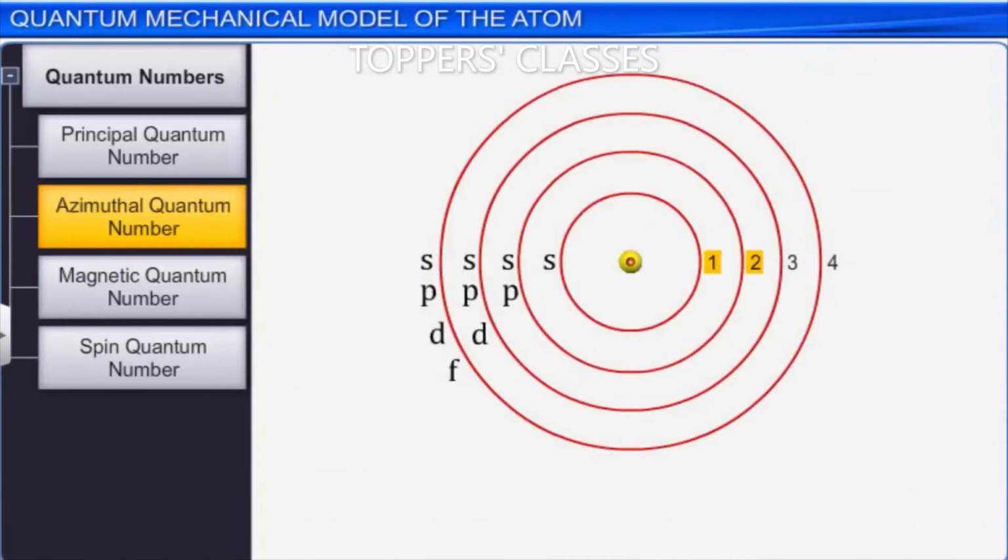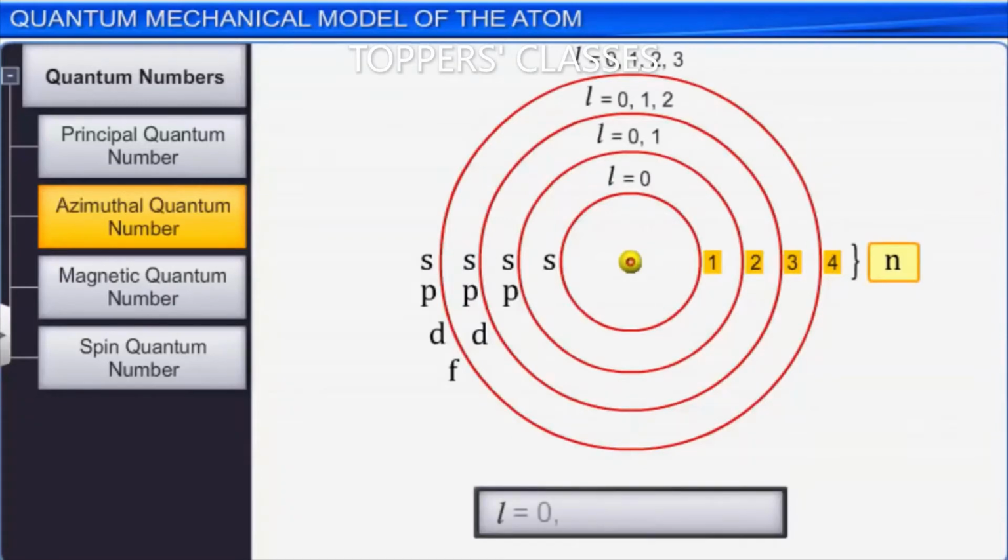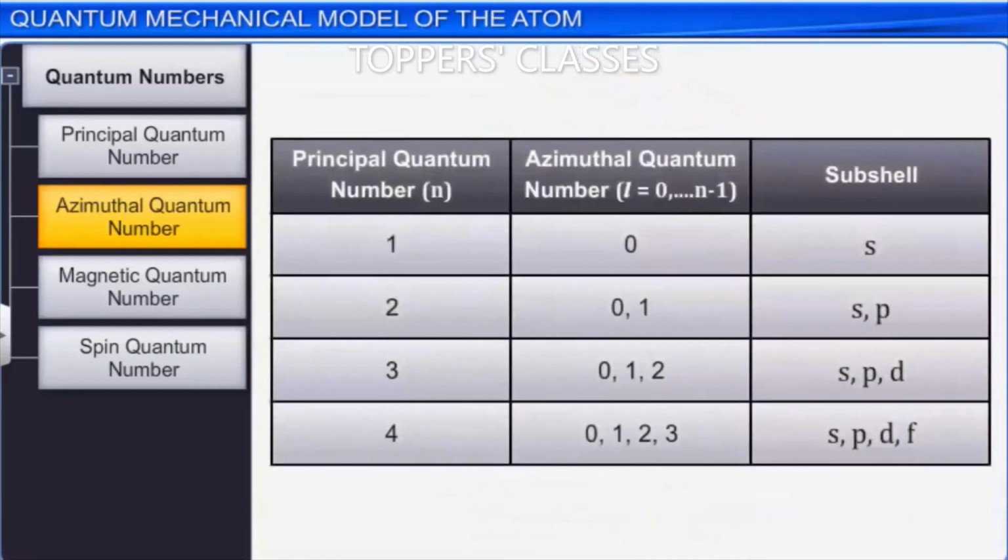For a given value of the principal quantum number n, the azimuthal quantum number l can have n values ranging from 0 to n-1. The value of l in turn defines the number of subshells, which means that when n is equal to 1, l is equal to 0. That is, there is only one subshell in the first main energy level.